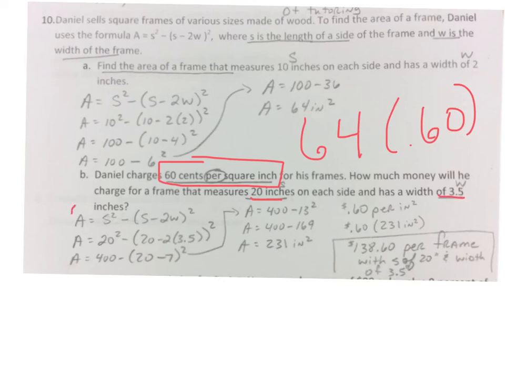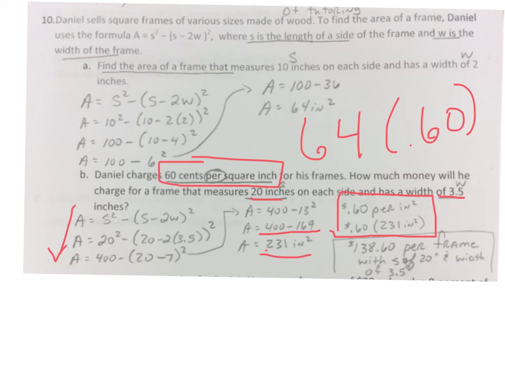Follow your same steps, all right? Same order of operations. In this case, you get 400 minus 169, which is 231 square inches. So now what you're going to do is multiply your 60 cents times your 231 square inches because you're making 60 cents per square inch.